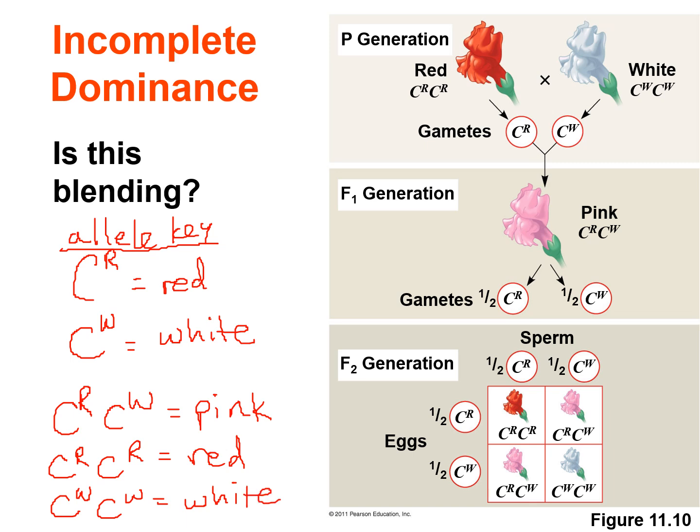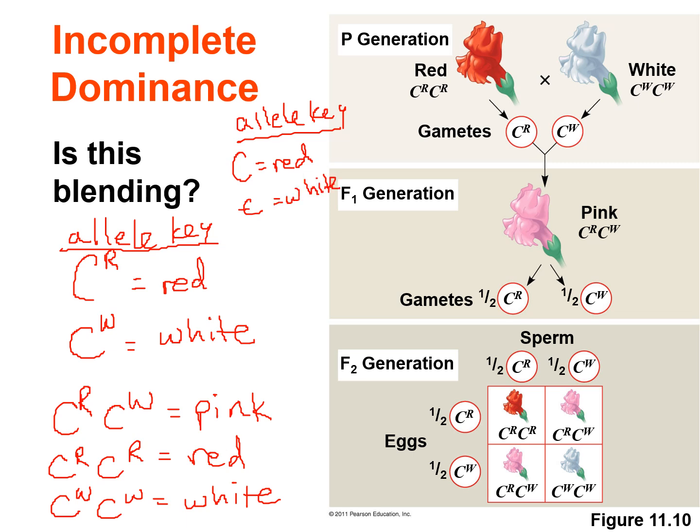Another way that you could do this is with your allele key, where the capital letter could be red and the lowercase letter could be white.